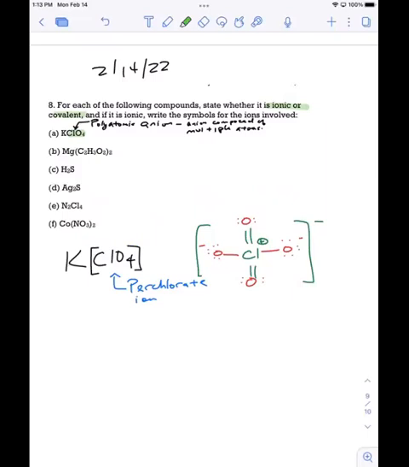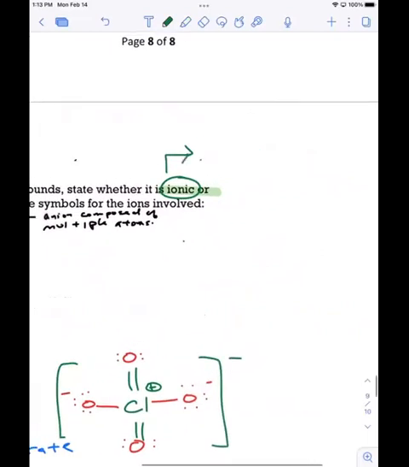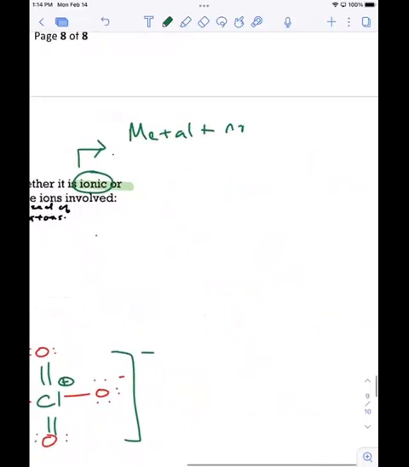So in order for a compound to be ionic, that's going to happen when you have a metal plus a non-metal. That's going to give you an ionic compound.